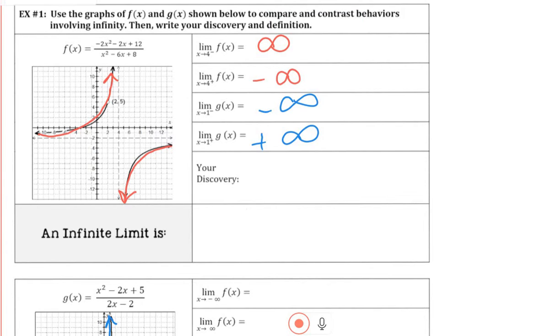You should have been able to recognize this part of the graph. You've seen those since Algebra 1. Those are a vertical asymptote.